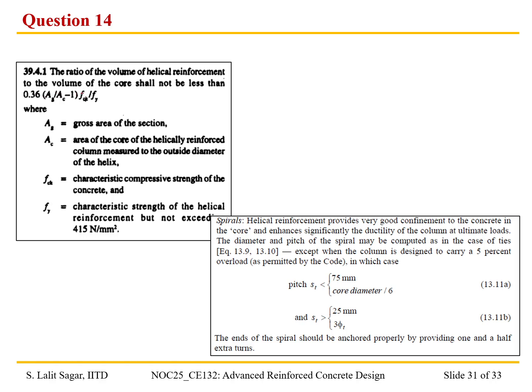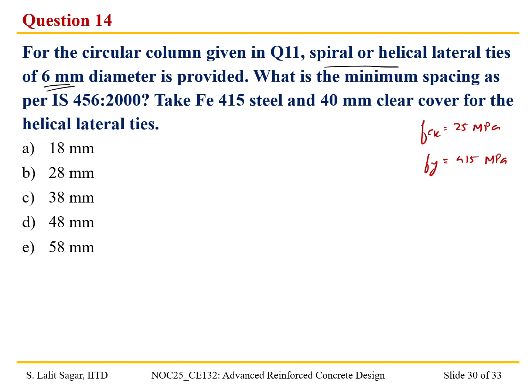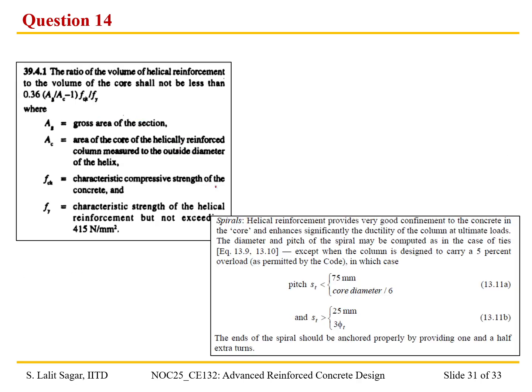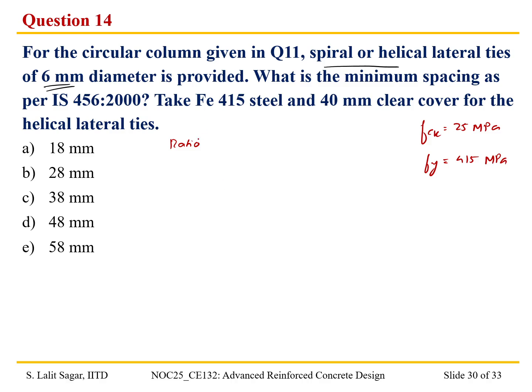Now let us try to determine the volume of the core. Before that, let us determine the value of the ratio of spiral reinforcement. I think the equation is there in the next slide.